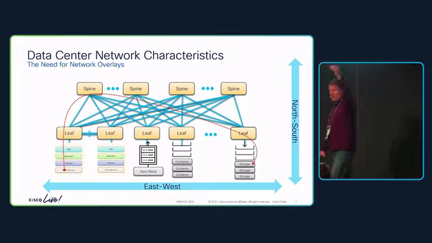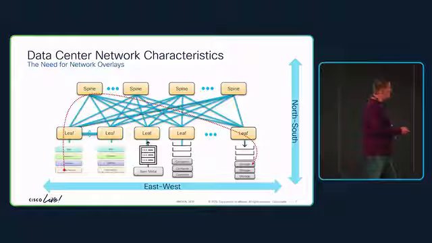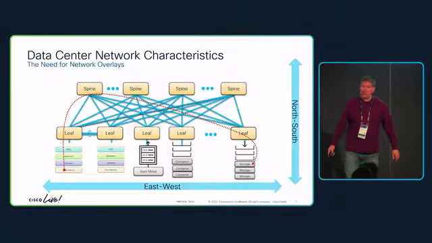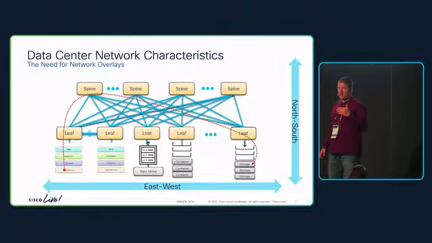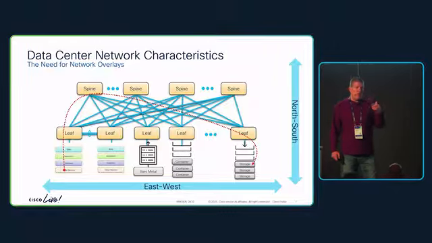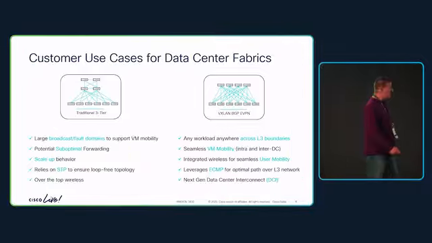Meaning for every session coming into the data center, I have server-to-server traffic that's going to be 8 times as much. This has really given rise to the need for an overlay-based system in how we construct the network. And this is where VXLAN comes into play, and it is the increasingly important technology that is the prevalent way that we deal with this.